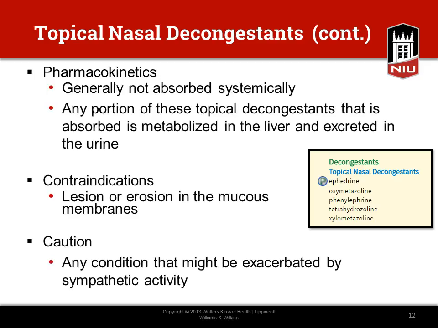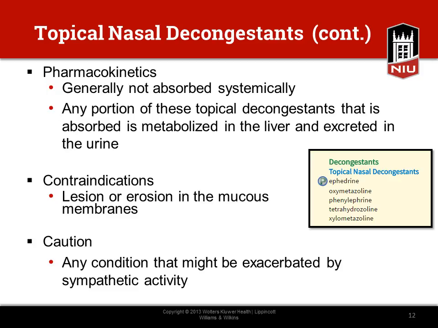So because this is topical and local, our nasal decongestants generally are not absorbed within the system, so usually we will not get systemic effects. Anything that is will be absorbed and metabolized in the liver, excreted in the urine. Contraindicated if we have lesions or erosions of the mucous membranes.